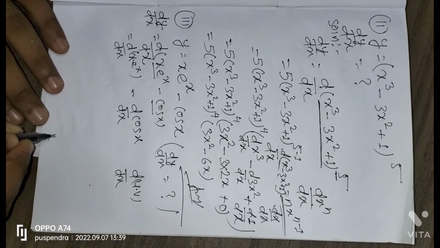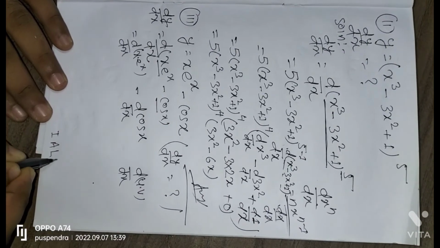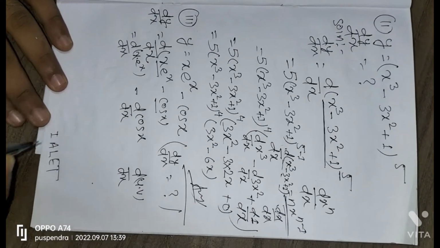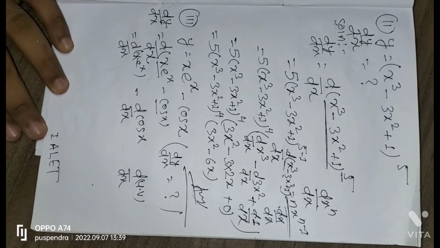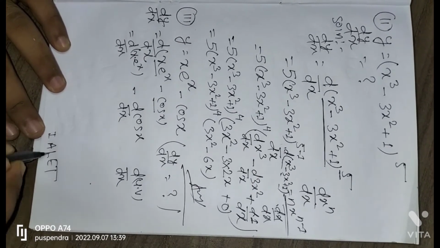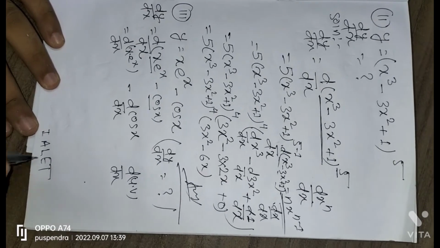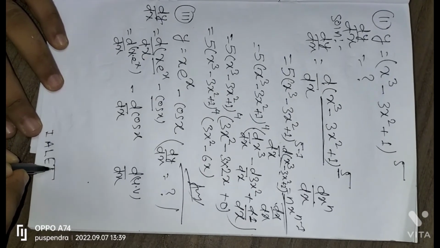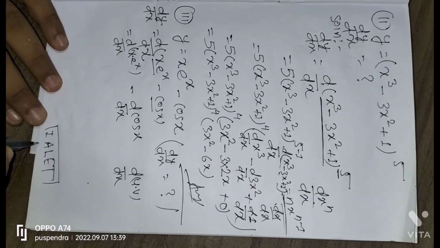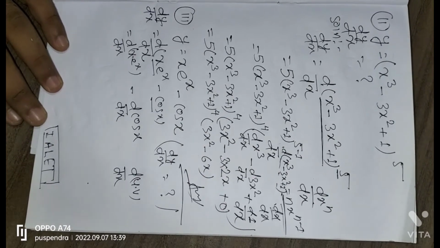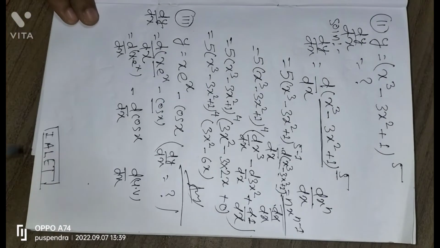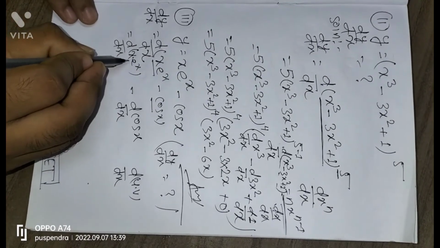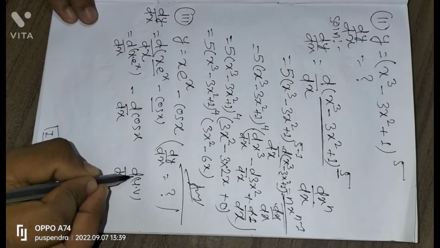The trick is ILATE. Here I is inverse, A is algebraic, L is logarithm, E is exponential, and T is trigonometric. We have discussed all these formulas before. So here x is algebraic and e is exponential. So this is in the form of u into v.